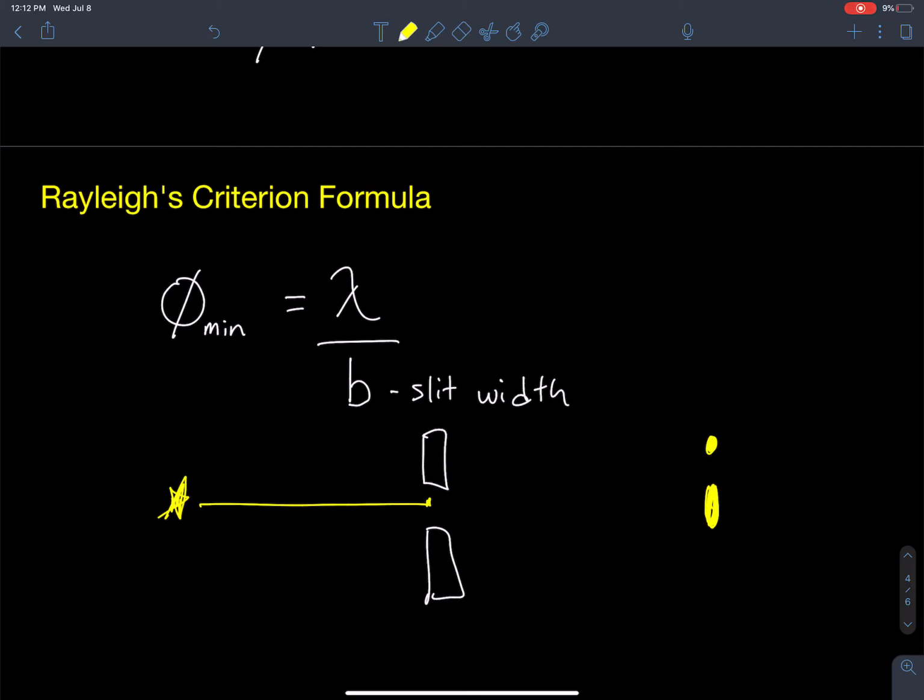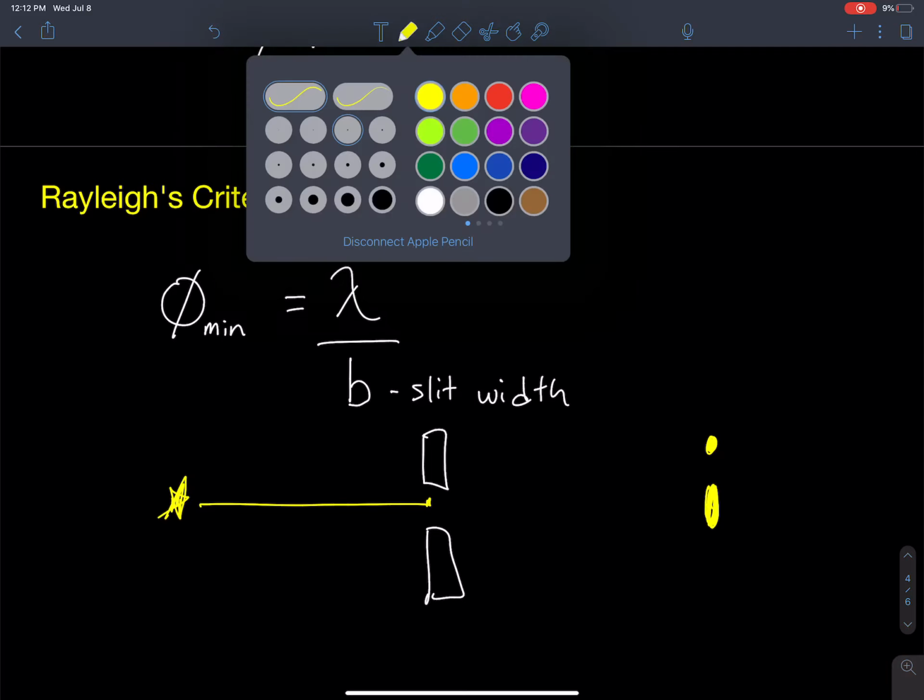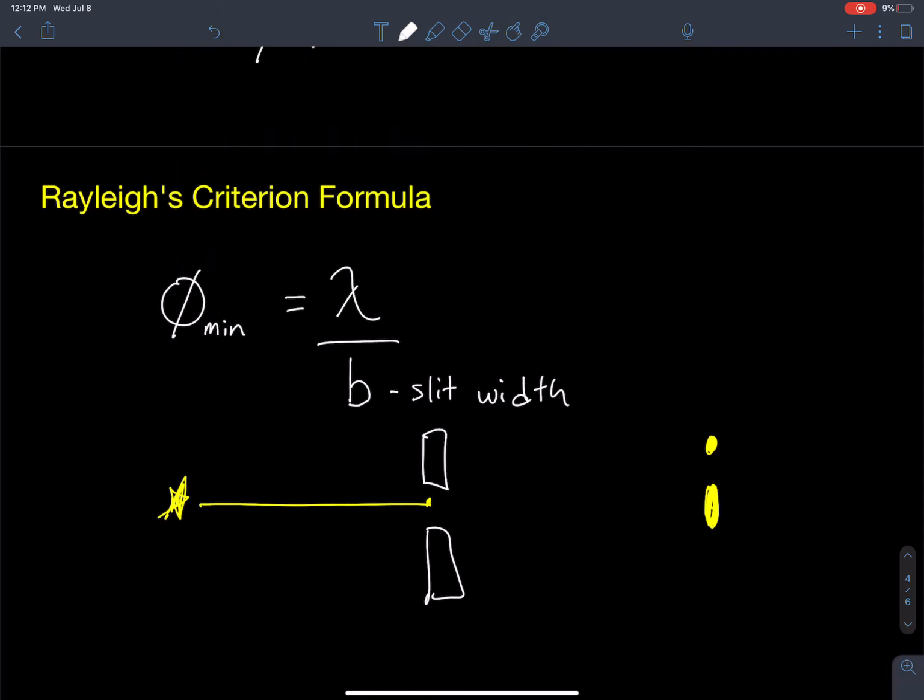And what we have to remember is this triangle. So for single slit diffraction, we have this triangle that we formed if you go back a few videos to understand single slit diffraction.